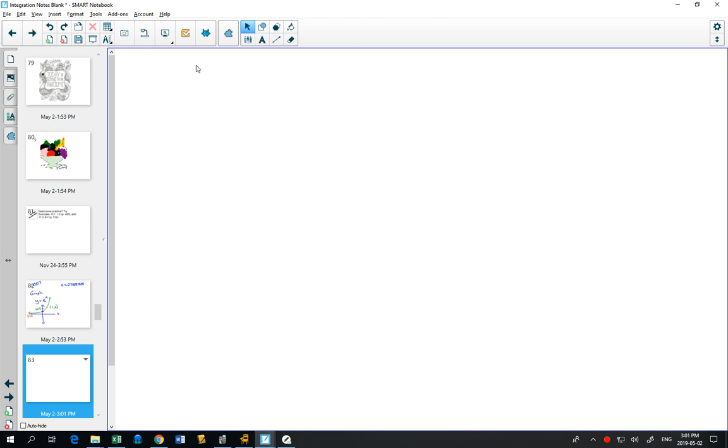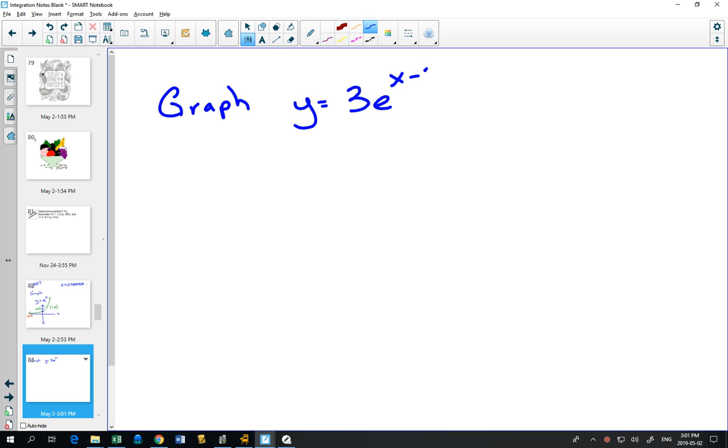Okay. So now we can graph y equals 3 e to the x minus 2 plus 1, using our transformations. If you had a question like this, you would say, it's an exponential equation.